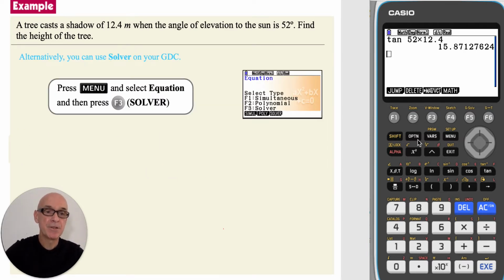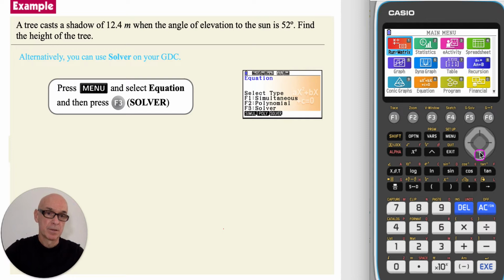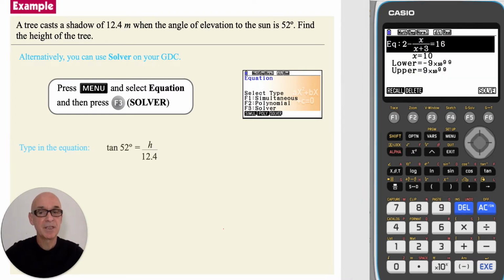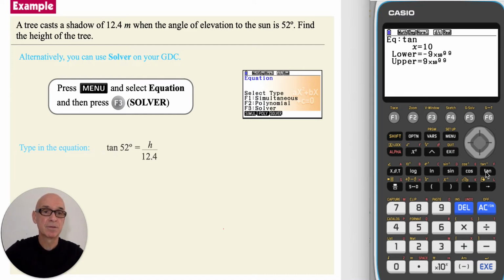From the main menu, selecting Equation and pressing F3 for Solver. Typing in the equation in its original form, so pressing the tan button and then 52, Shift to access equals, and then the fraction button, and using the X variable button to represent H and the down cursor to get to the denominator, and entering 12.4.